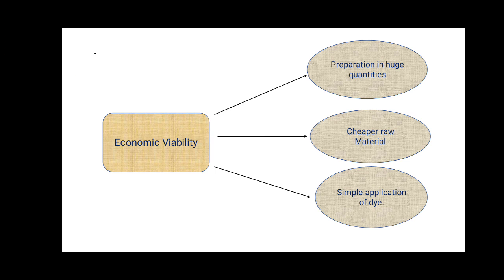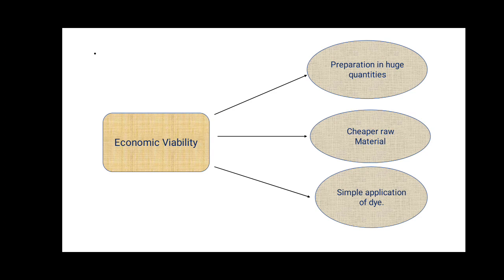Next, economic viability. What is economic viability? Dyes are prepared in huge quantities, and cheaper raw materials are used. The price of a dye matters, and then the simple application of the dye.